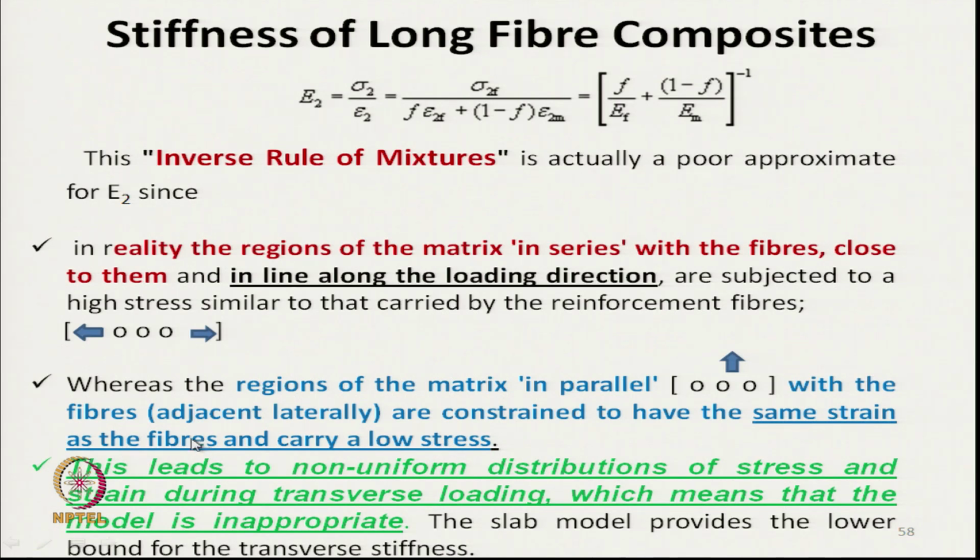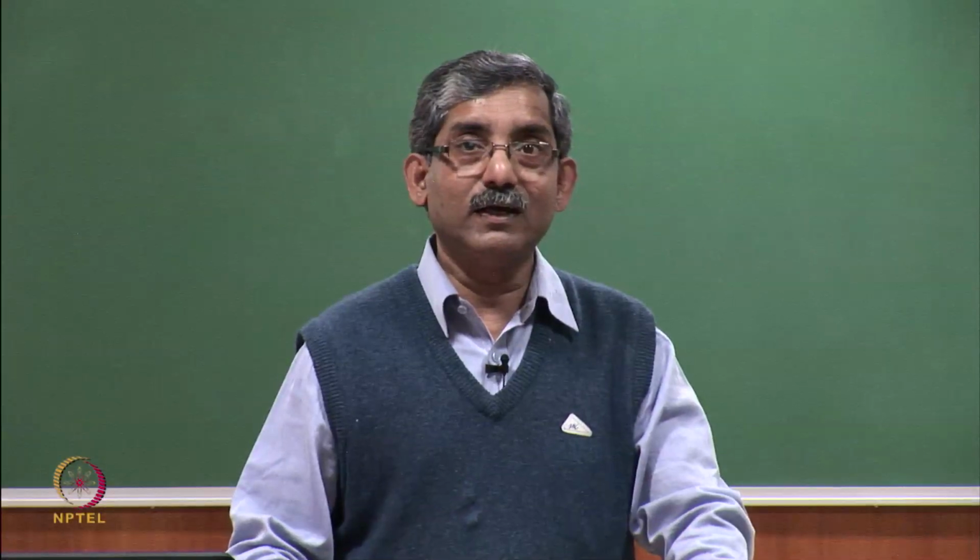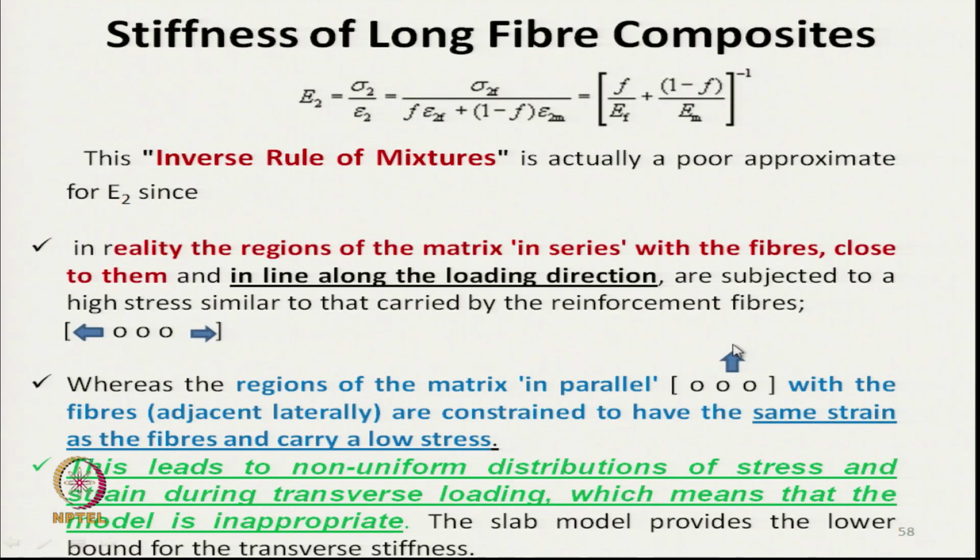With the fibers adjacent laterally, the matrix is constrained to have the same strain as that of fiber and carry a low stress. So, the matrix in this zone is carrying lower load, but on the other hand matrix just above these fibers are carrying high load. So, this will create a non-uniform distribution.